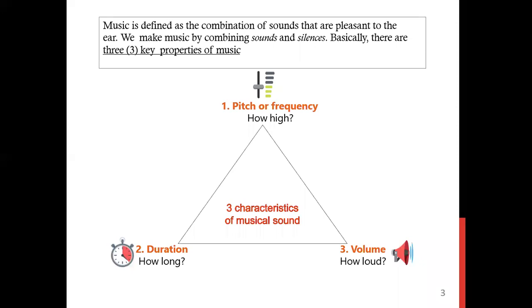That person might be telling you about sounds. Many of us hear sounds here and there, but we're talking about music now. It's not just sounds. We're talking about sounds that are pleasant to the ear. So that's what makes it music.